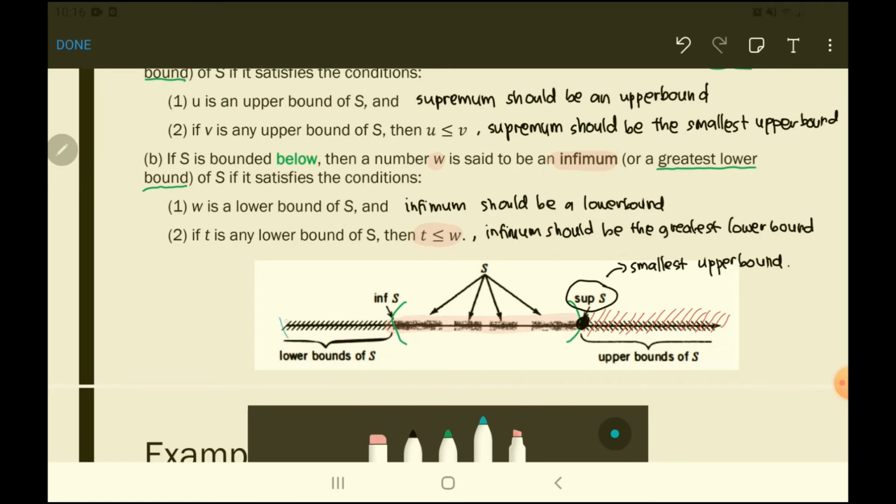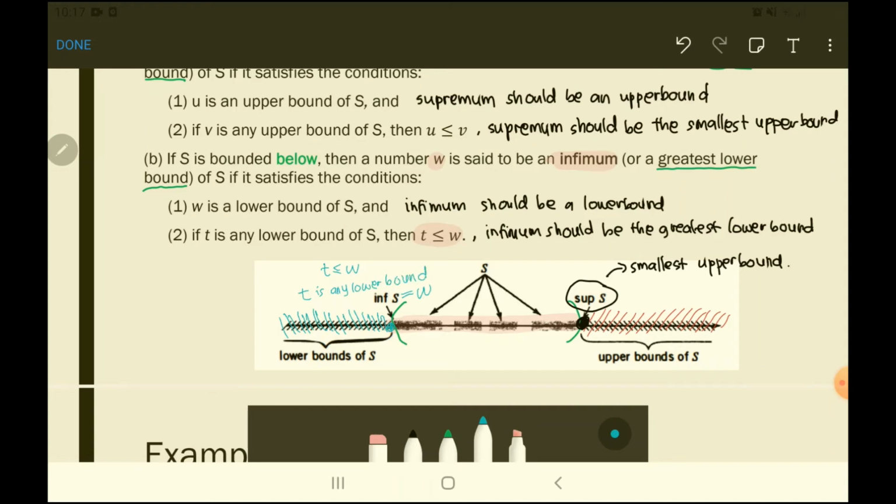You know that this is going to be all lower bounds of S. Let's say it's T. So the lower bound is T. And we know there's a value that is greatest among all T. We call that the infimum, and we name it W. So by this, you know that T is always less than or equal to W, because T is any lower bound.